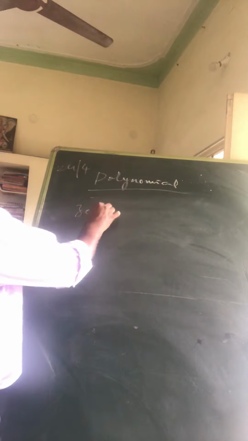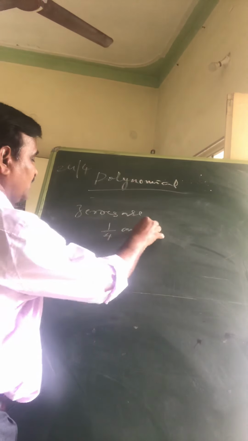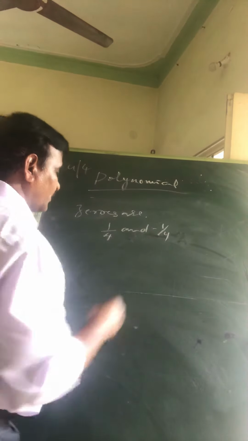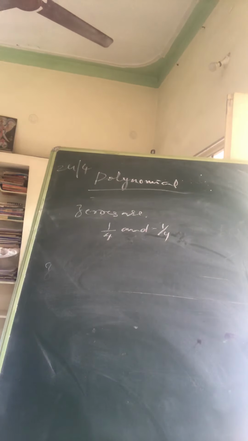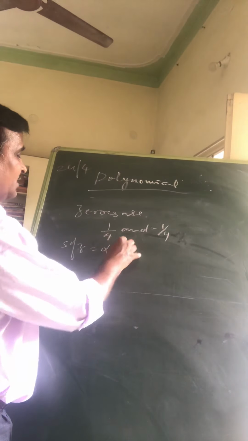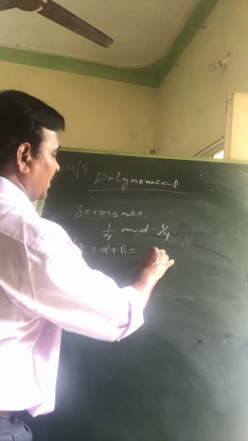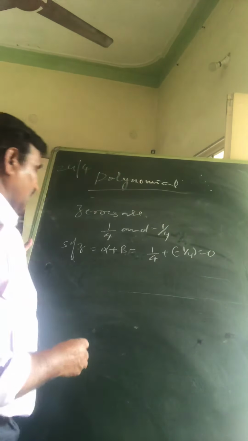Now we can take here, suppose the zeros are 1 by 4 and minus 1 by 4. That means we take alpha is equal to 1 by 4 and beta is equal to minus 1 by 4. Now the sum of zeros, alpha plus beta, is 1 by 4 plus minus 1 by 4, which is equal to 0.